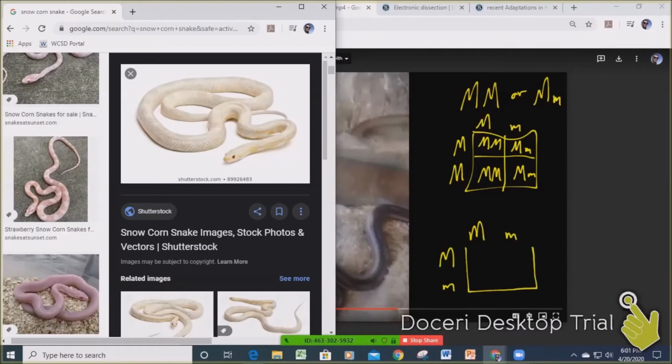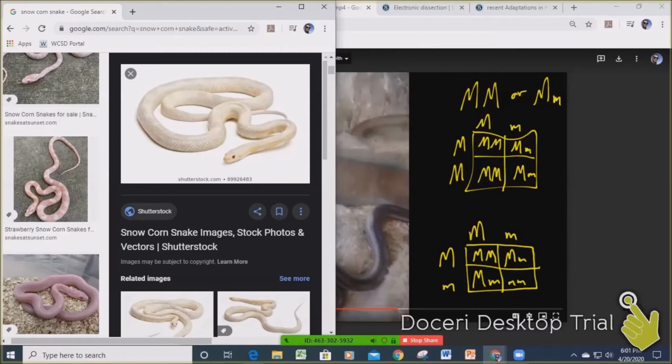And if that's the case, we get that Mendelian, that Gregor Mendel 3-to-1 ratio with his pea plants, where you would get a 75% chance of the babies looking black and a 25% chance of the two little m's coming together.